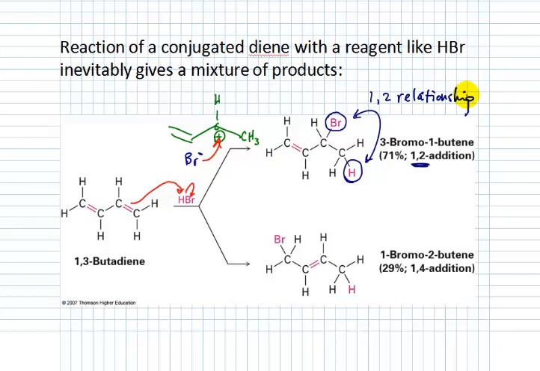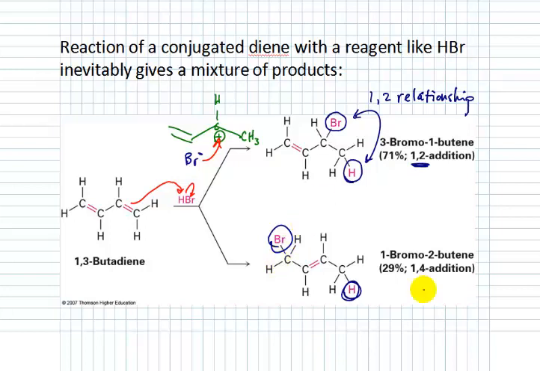The other thing that happens, though, is we end up with a different product. Before we talk about how this comes about, let's analyze what actually happened here. We have a CH3 on the end, just like before, so there's one addition. But now the bromine that was added is on the other side of the molecule.